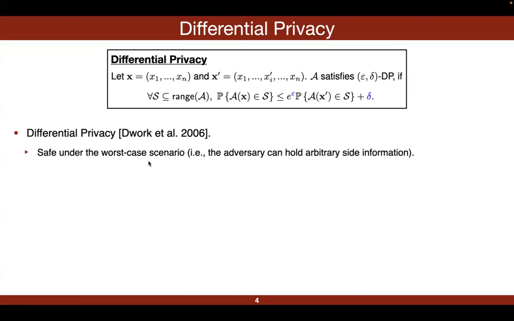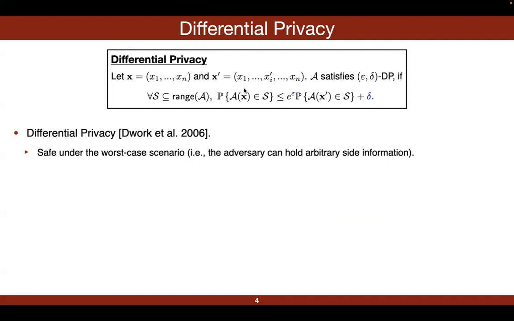The philosophy of differential privacy is that we ensure safety under the worst case scenario. You can imagine an adversary that has an arbitrary amount of side information.